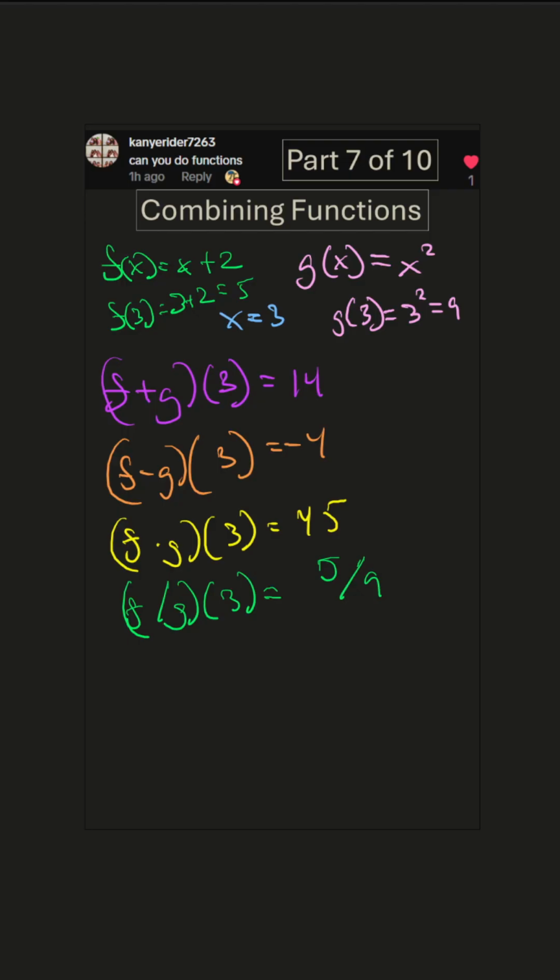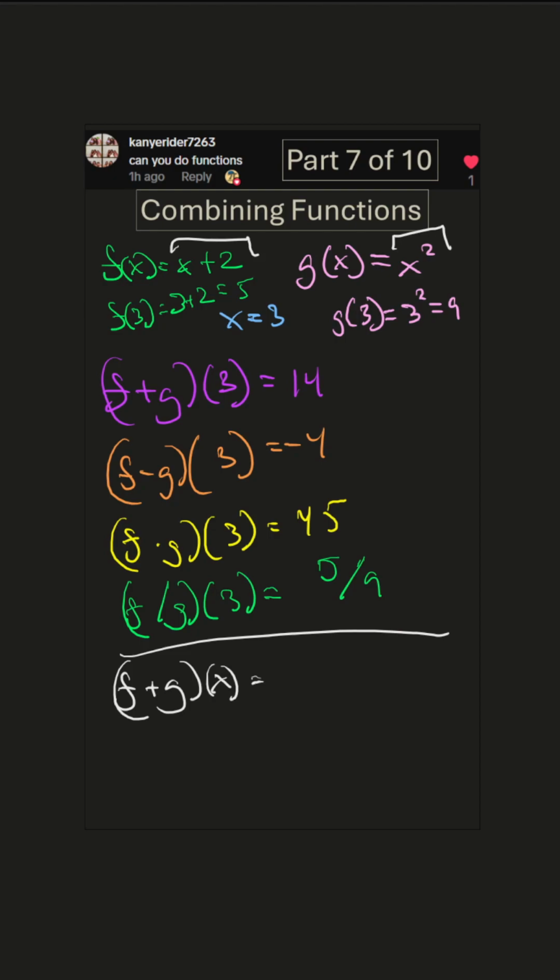The other method is to just combine them first, combine the formulas. So we could say f plus g of x equals, well, we take f of x, which is x plus 2, and g of x, which is x squared, and we just add them together. So that'd be x squared plus x plus 2.